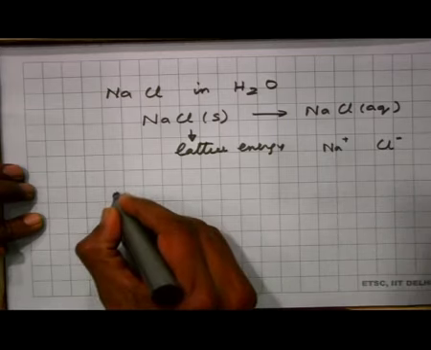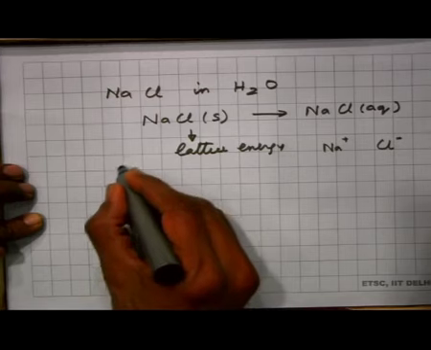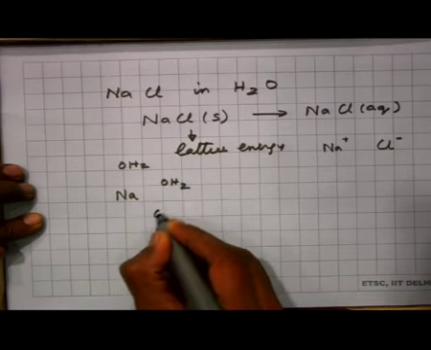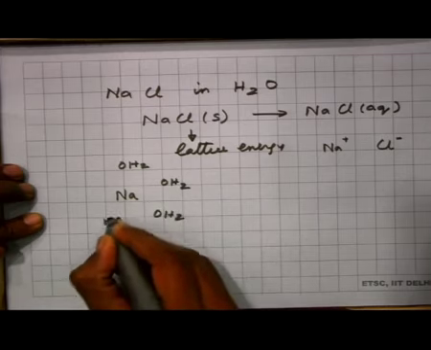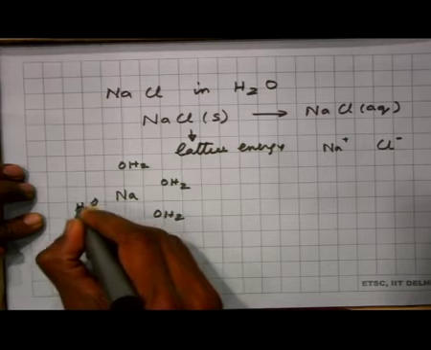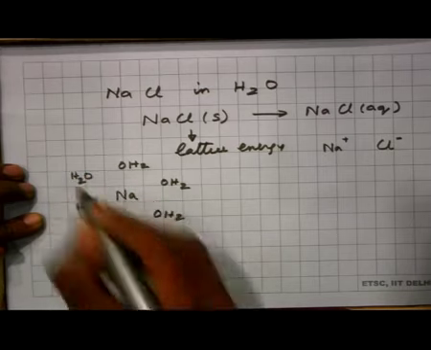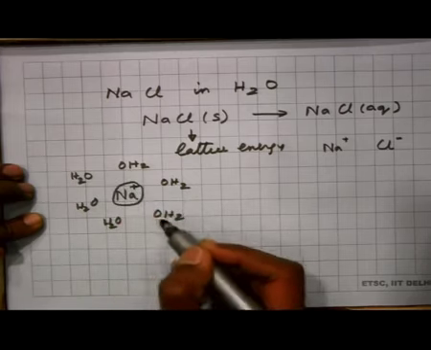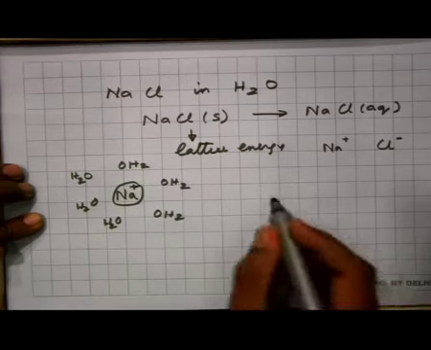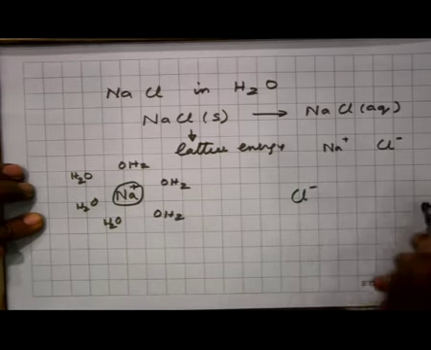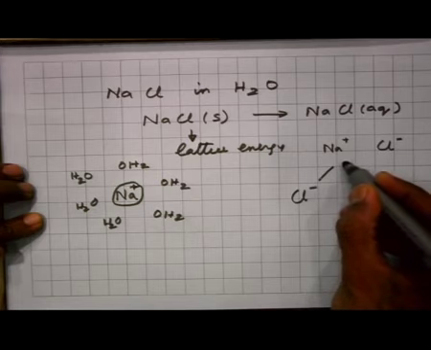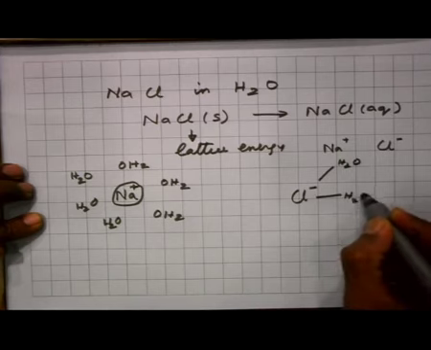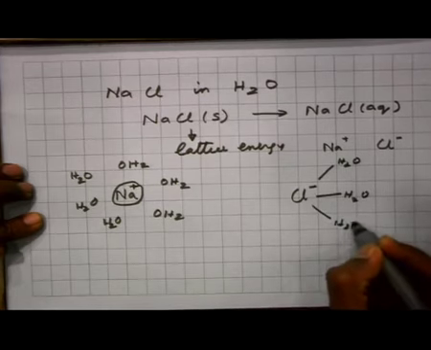So, if I have this, I will have Na+ like this, and I will have molecules of water sitting around like this. This is Na+. So, this is an ion, right, and similarly around Cl- I will have the same thing.